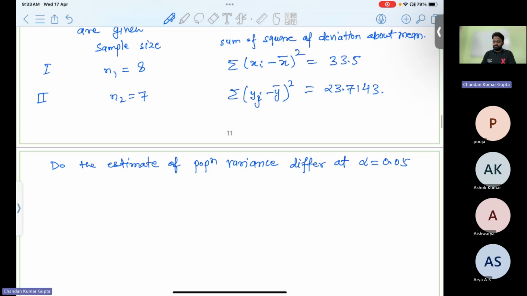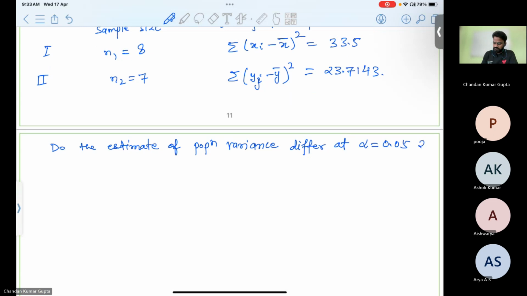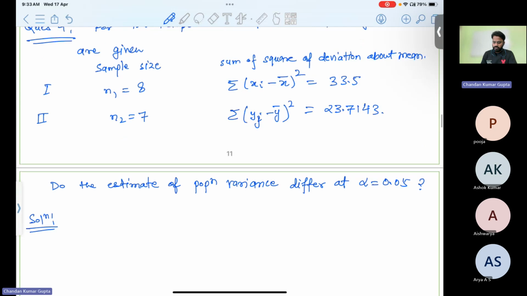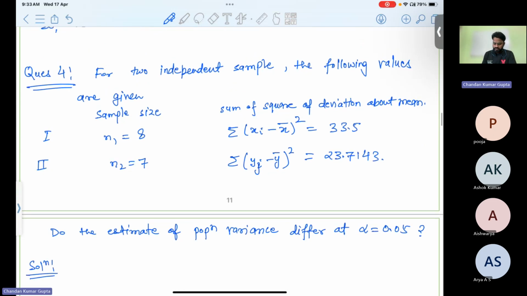So our question is this. Now we need to test what? Population variance. We need to test for population variance, and the mean value is not given.